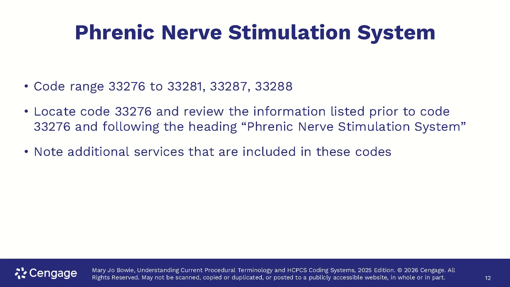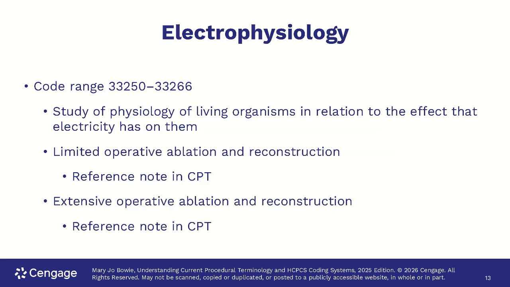In those notes, it says that the insertion of a phrenic nerve stimulation device includes vessel catheterization, imaging guidance, and the initial analysis of the pulse generator with a diagnostic mode activation when it is performed. You really want to note the additional services that are included with these codes, which basically means you would not code them separately.